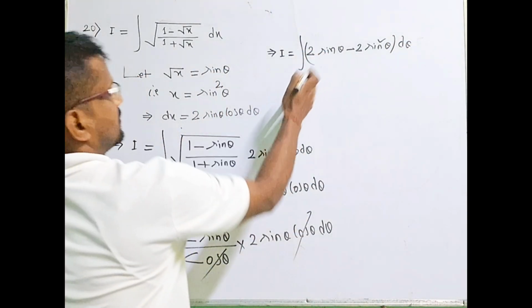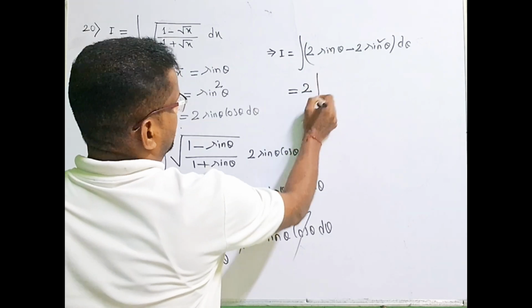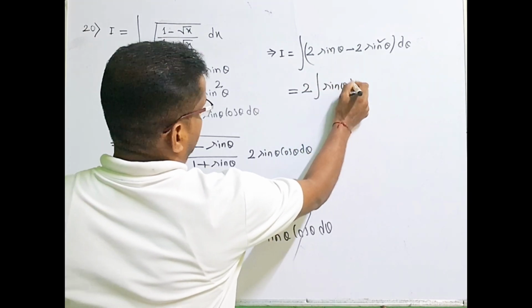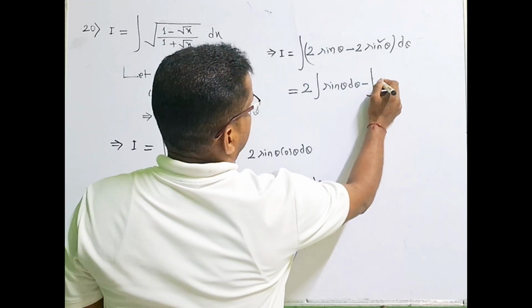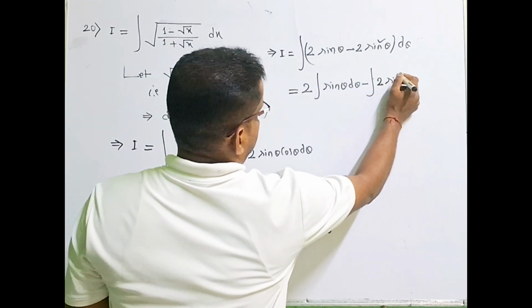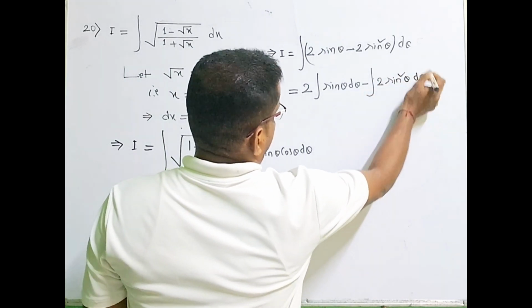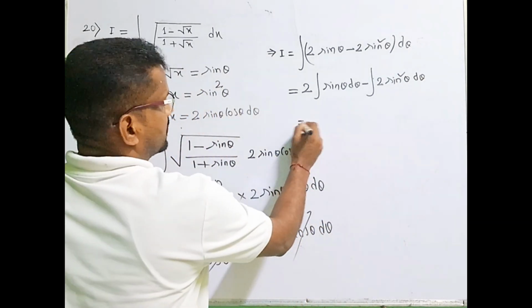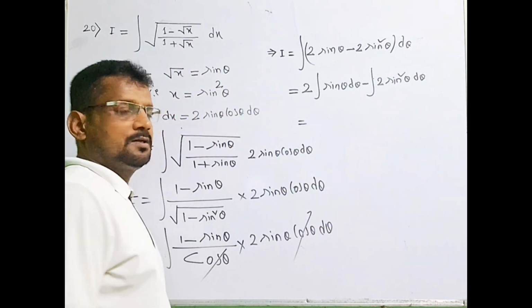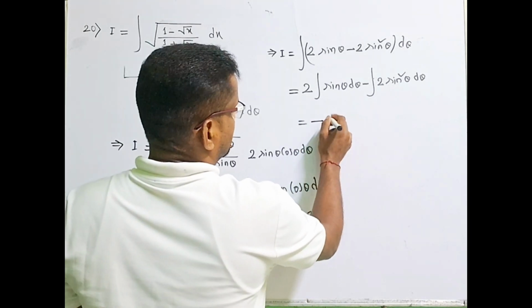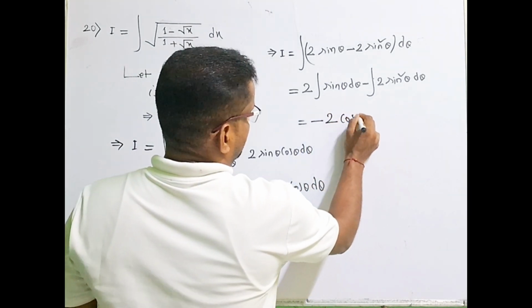Now the first part is already obtained: twice the integration of sine theta d theta minus the integration of 2 sine square theta d theta equals, the integration of sine theta is what? Minus cos theta. So minus twice cos theta.